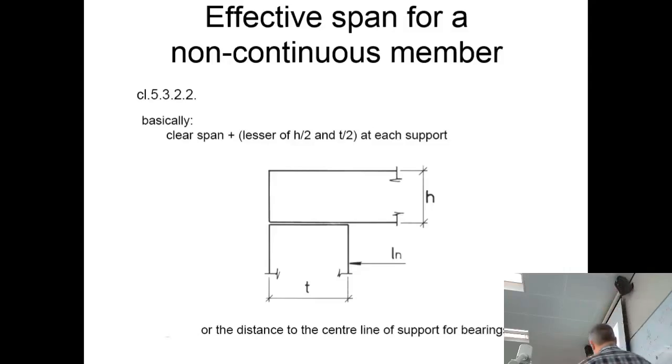The reasoning for that is that when you have your concrete beam and it's resting on a column, they are making the assumption that this corner could crack off. So therefore, you're making your span go much further. That's your effective span. So that's the theory behind why you use an effective length rather than just your length. So you need a little bit more.